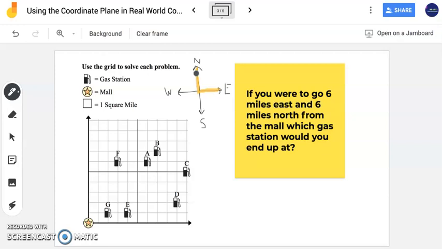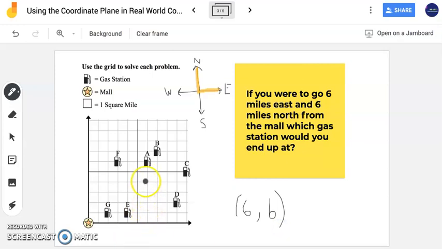Now here, to go 6 miles east is also telling me I'm going to the right 6 spaces, and that's my x value, 1, 2, 3, 4, 5, 6. Now, it's also telling me I'm going 6 miles north. That's my y value.